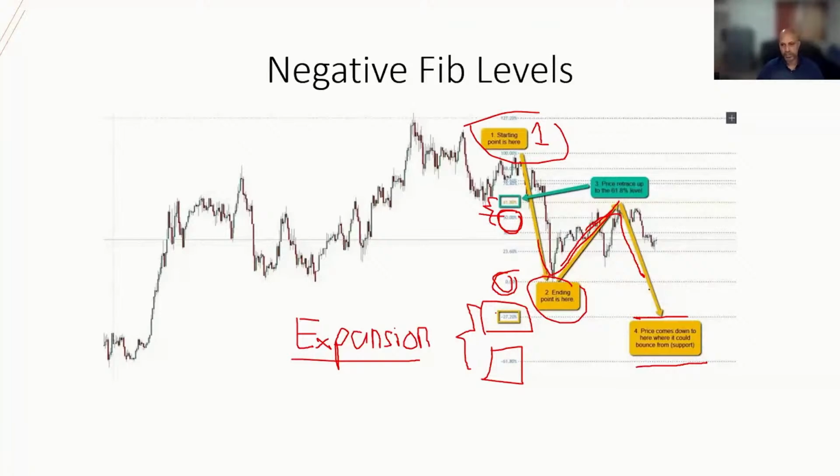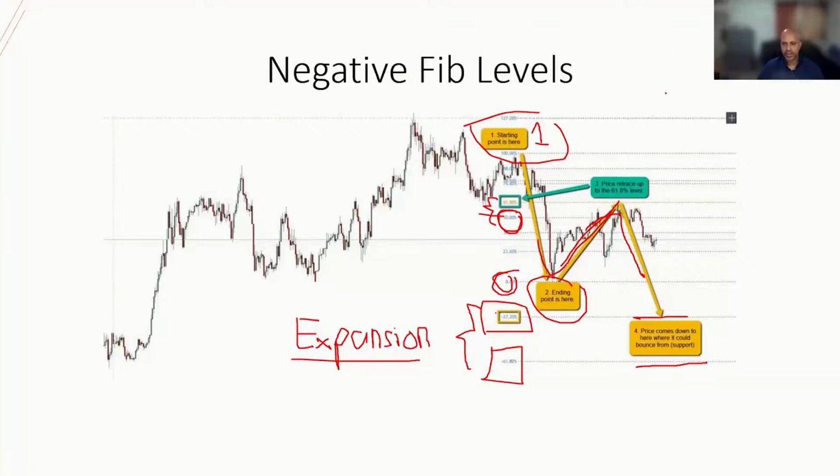This is a very important aspect, because if price only retraces up to 38.2% and then stalls and reverses to drop lower, that means these levels here at negative 27, negative 61 may not offer significant support, right? Do take note, this is one key criteria.